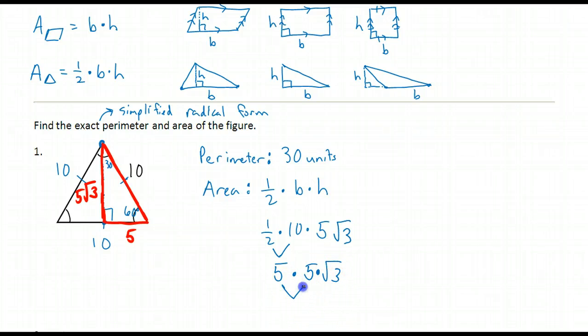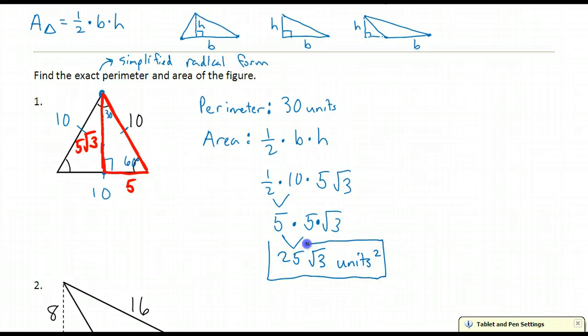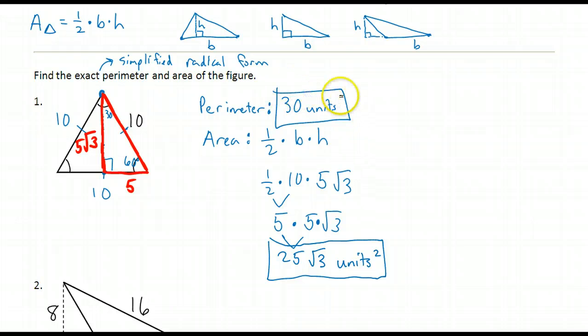So I can take 5 times 5 and get 25 square roots of 3. And that's going to be in units squared. So my perimeter is 30 units long, and my area is 25 square roots of 3 units squared. Notice that my answer is in simplified radical form.